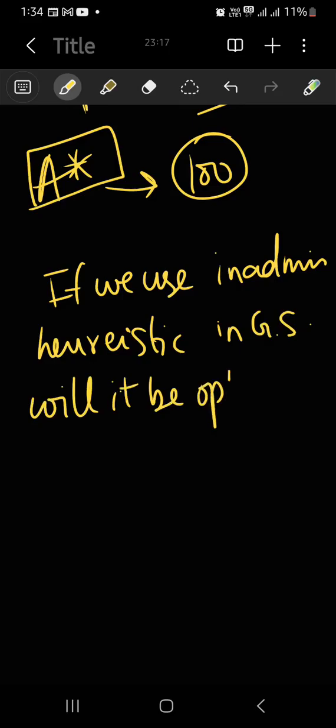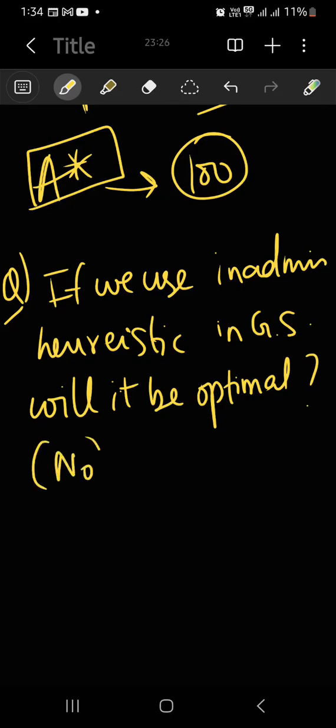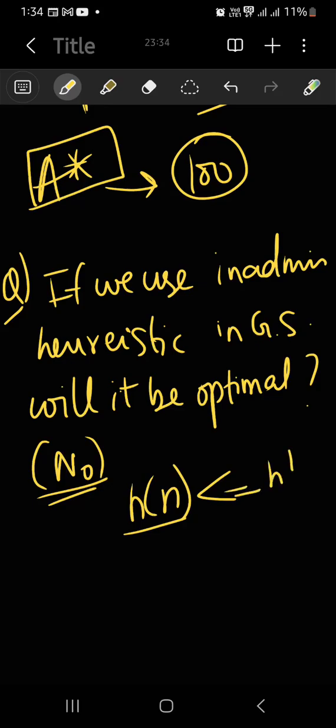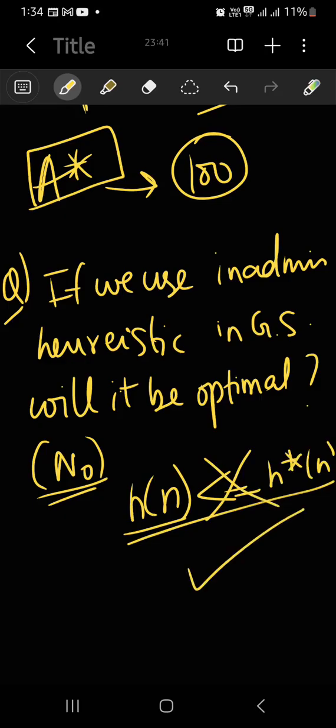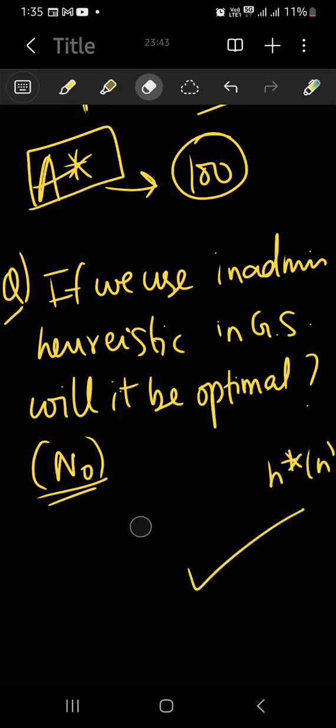Tell me, my dear friends. No, sir. It will not be optimal. For optimality, we have to use an admissible heuristic. That means the estimated cost should be less than or equal to the actual cost in order to be optimal. If this is not there, still we can reach the goal state, but the path will not be optimal. Okay, for optimality, this condition is required.